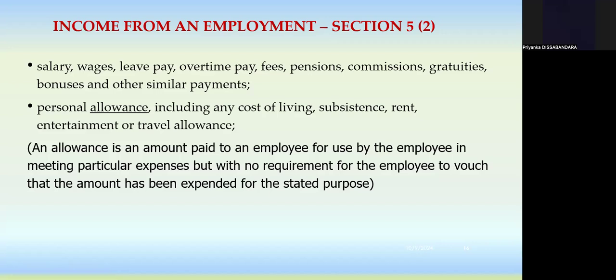And the next one is personal allowance. That includes cost of living, subsistence, rent allowance, entertainment allowance, traveling allowance, fuel allowance, like that. That means all allowances we receive from our employer in respect of the employment are part of the employment income. If it is an allowance, that income should be received in respect of our personal requirements.